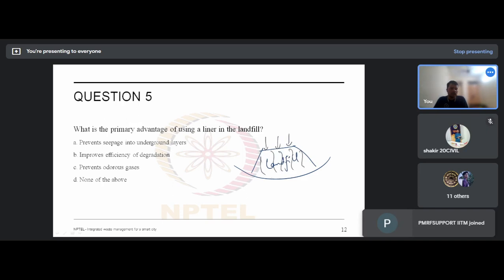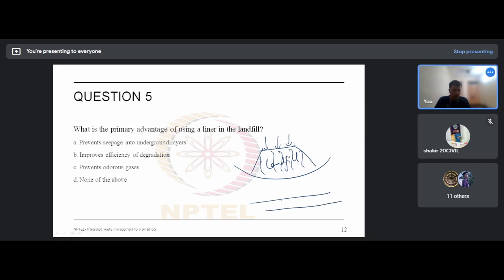We don't want this leachate to reach the bottommost layer, which we refer to as groundwater. We don't want the groundwater to get contaminated. So how do we prevent this? We'll place a layer here. This layer should have a very low K value, that is the permeability value. It should be less than 10 to the power minus 7 centimeter per second.